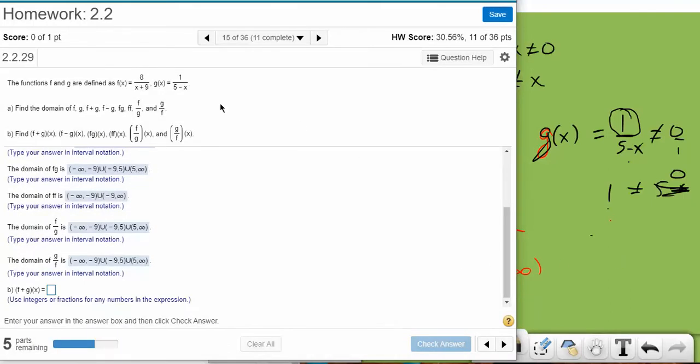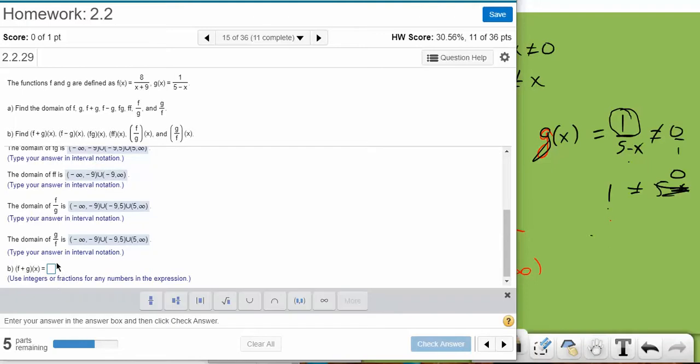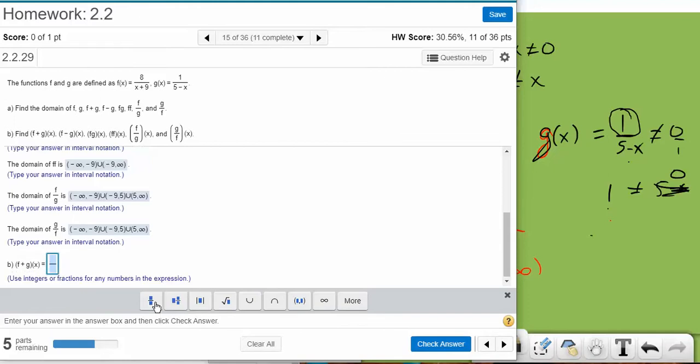Okay, f plus g, we're going to add those. Are they going to make us simplify it though? Let's see. Let's try it first without simplifying. 8 over x plus 9 plus 1 over 5 minus x.